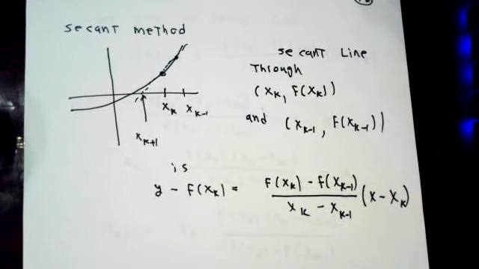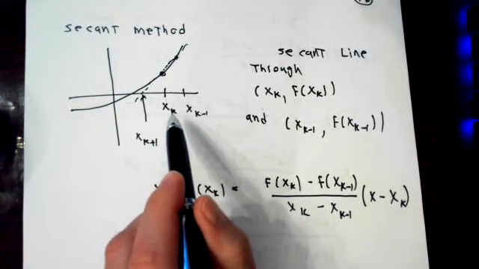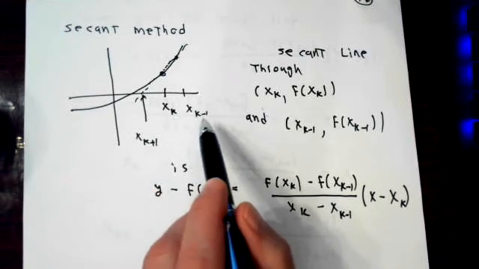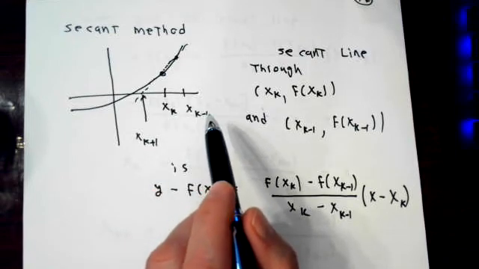As a minor variation on a theme, there's the secant method. Instead of using a tangent line, which is a straight line that the graph of the function strongly resembles close to the given point, we're going to start off with two estimates of the solution: the most recent one, xₖ, and the next to most recent one.